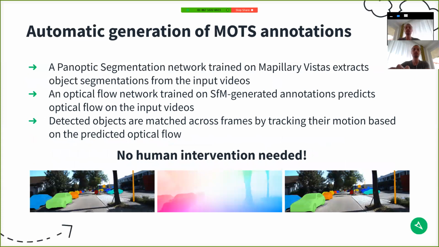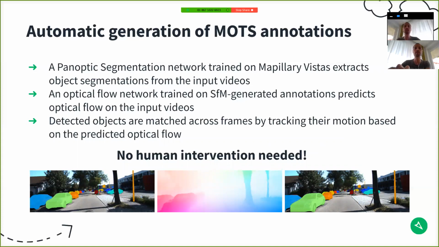In a nutshell, what we're doing is we're again building on top of panoptic segmentation results that were obtained by training on our Mapillary Vistas dataset. We're also using an optical flow network, but that optical flow network is being trained in a supervised way based on data that we could actually generate from our SFM pipeline.